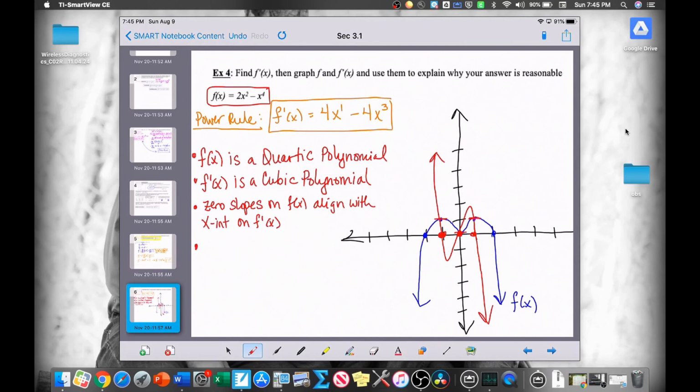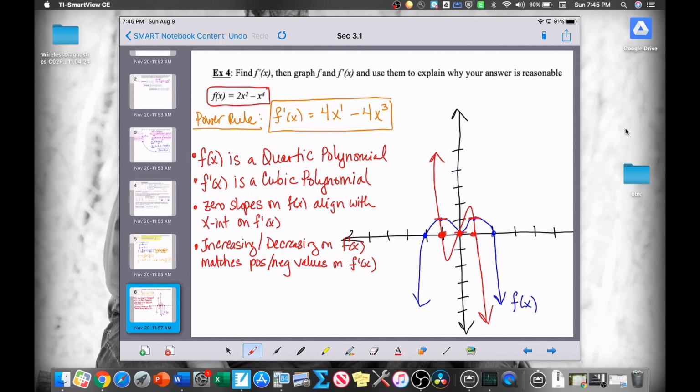So increasing, decreasing on f of x matches positive, negative values on f prime of x, okay?